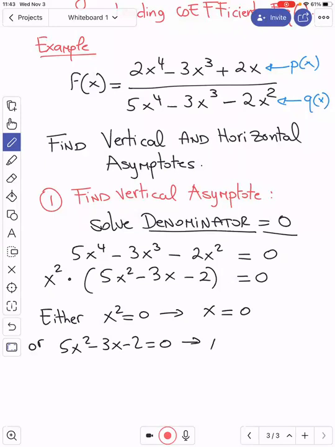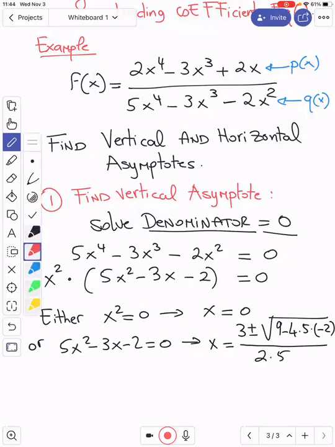Here for x, you apply the quadratic formula, right? That will be negative b, minus negative 1, that'll be positive 1, plus or minus square root of b squared, that's negative 1 squared, that'll be 1, minus 4 times a, which is 5, times c, that's negative 2, over 2a, that's 2 times 5.